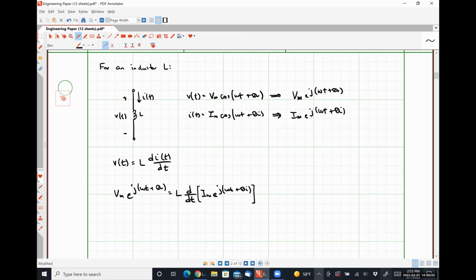Right? Because the derivative of Im e to the j omega t plus theta I is j omega Im e to the j omega t plus theta I.